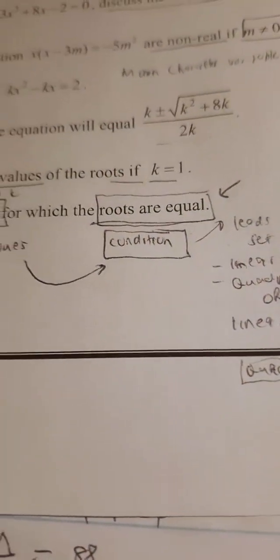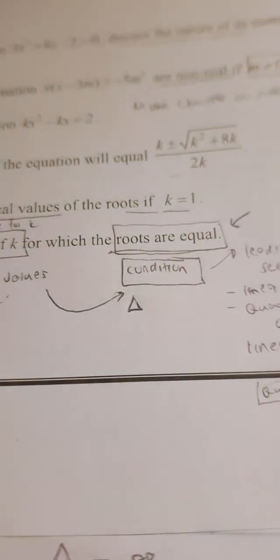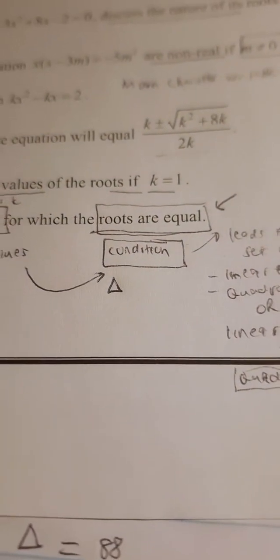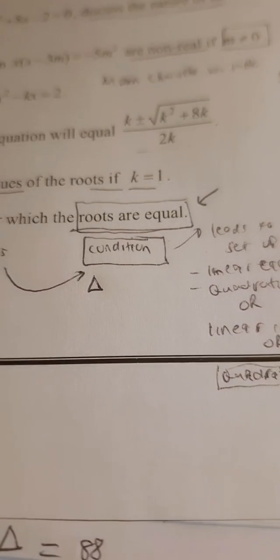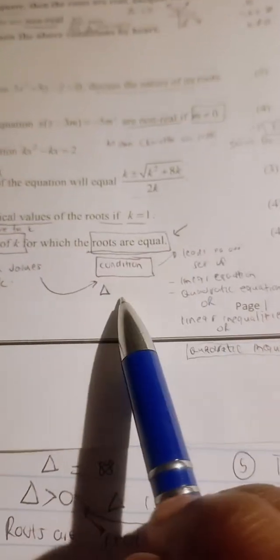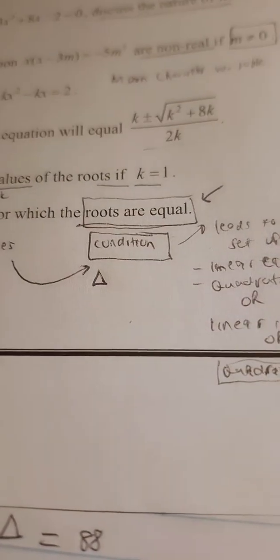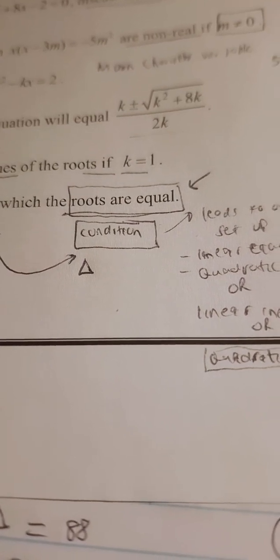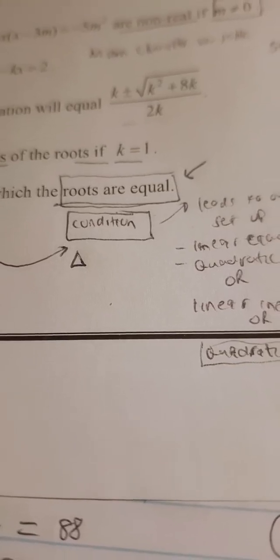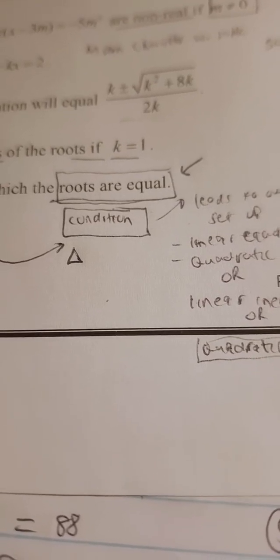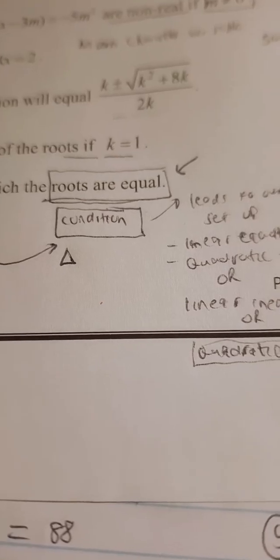I'm asking again, as far as delta, when we say the roots are equal, delta is what? Please, comment section, guys, just tell me. If I am saying the roots are equal, what is the condition for delta? The minute roots are equal, we are saying delta is? I need you guys to talk to me.